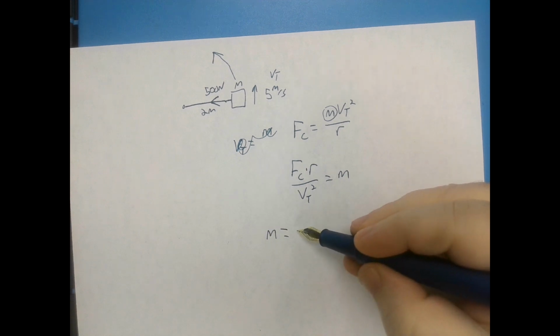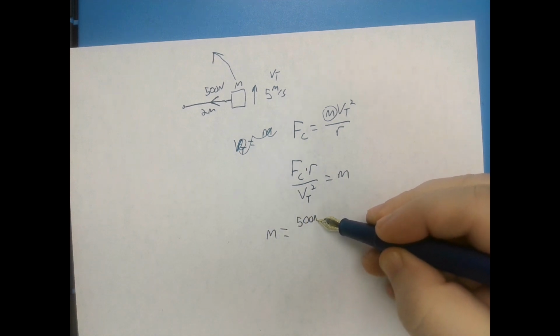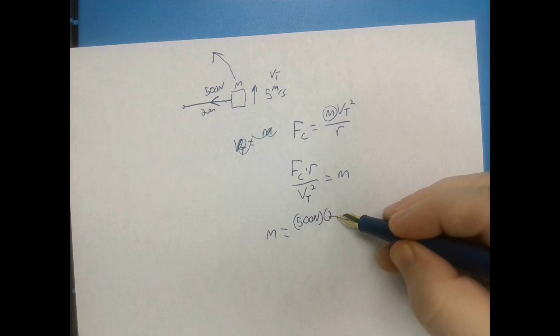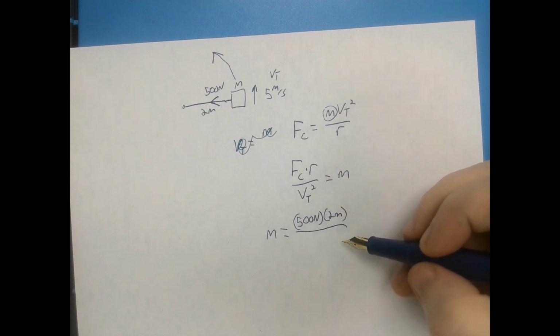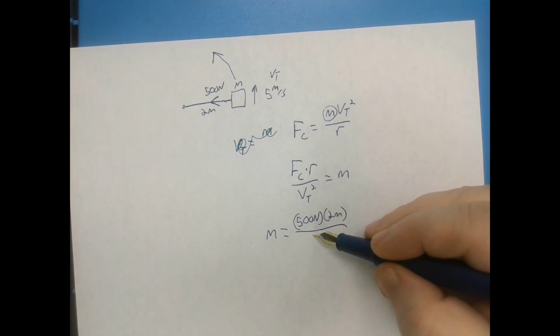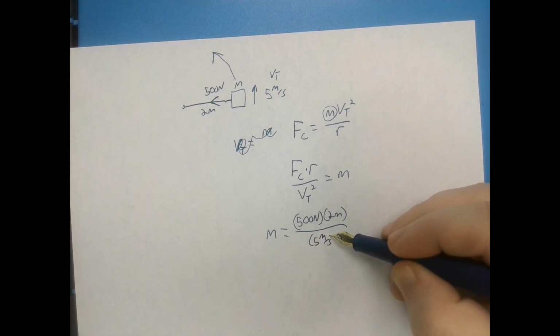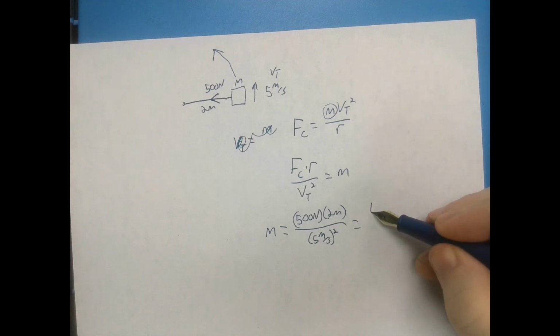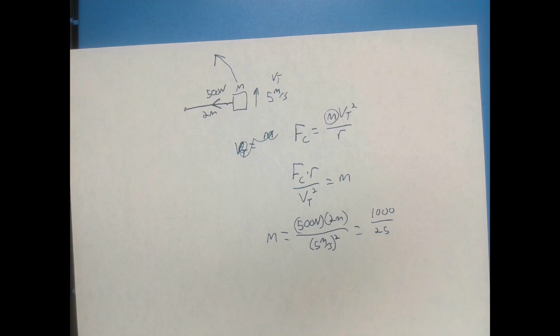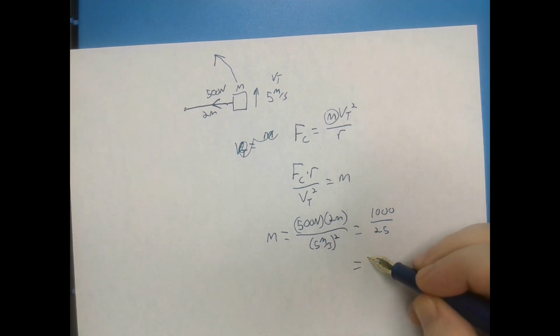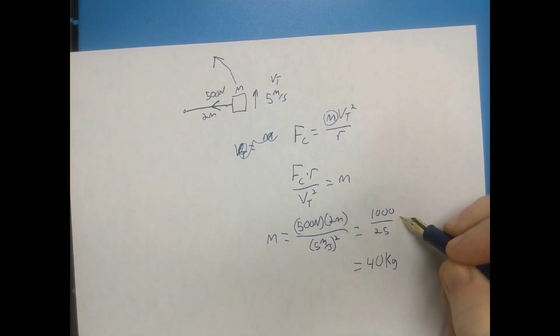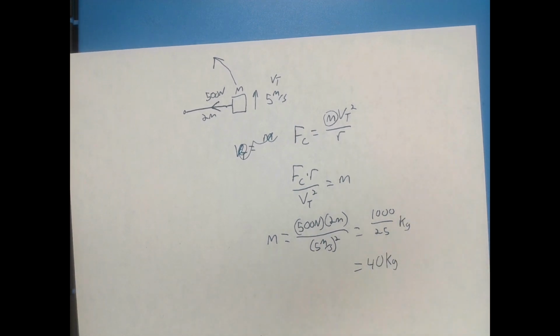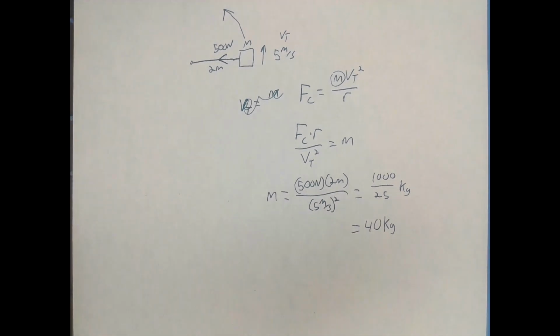So the mass would be equal to the force, 500 newtons, times 2 meters, divided by tangential speed squared, so 5 meters per second squared. So that'd be 1,000 divided by 25, which is 40 kilograms. So the object would have a mass of 40 kilograms.